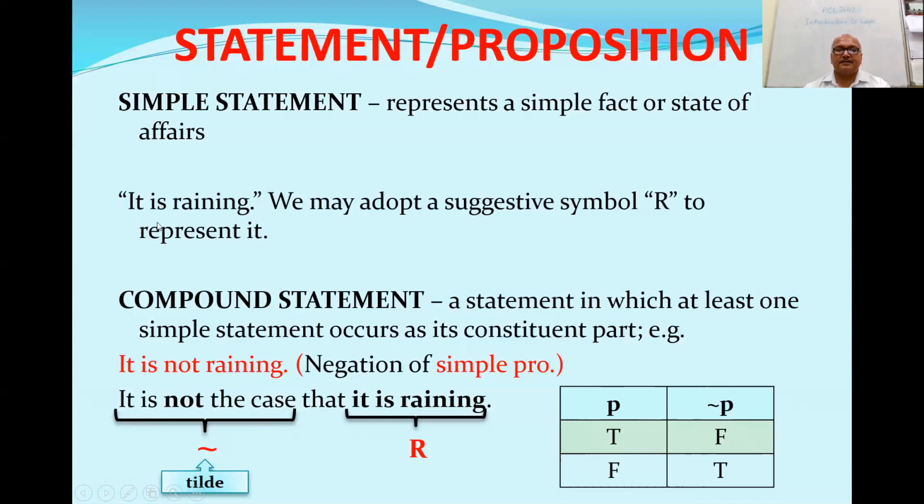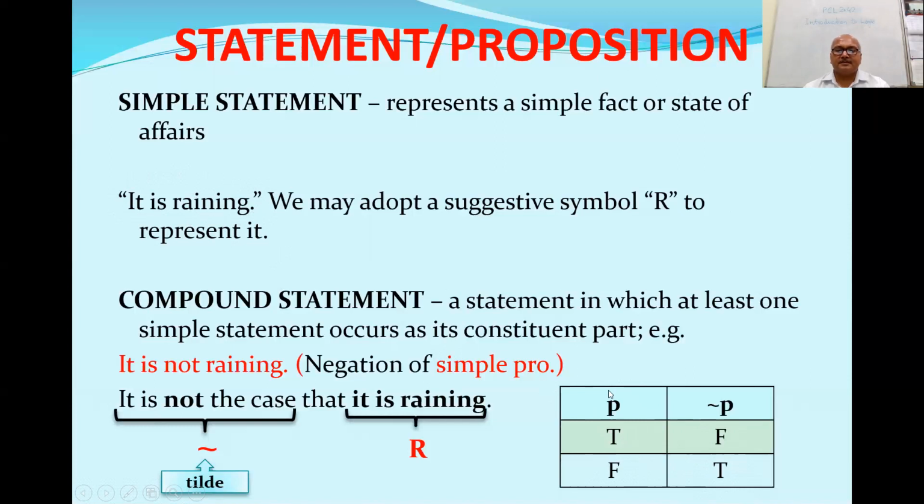So in this case, when it is raining is the positive statement, a simple statement, and the state of affairs or the fact in reality tells that there is rain, so it is raining is true, and therefore it is not raining becomes false. And suppose it is not raining actually, and when we say it is raining, so it is raining becomes false, and it is not raining becomes true.